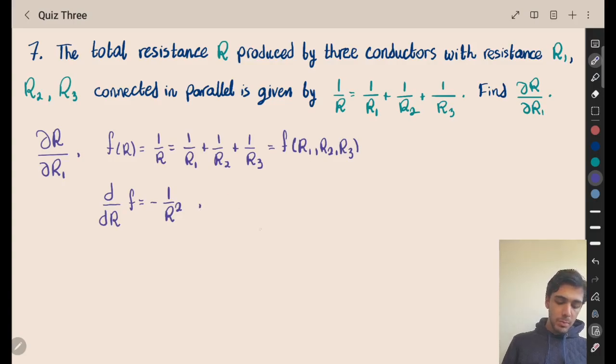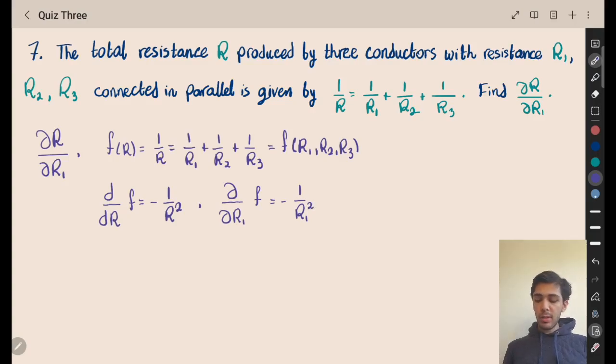At the same time, I would like you to notice that we can take the partial derivative with respect to r1 of this function. And that would give us minus 1 over r1 squared. Why is that?